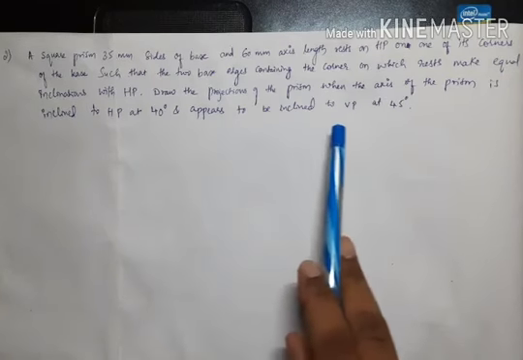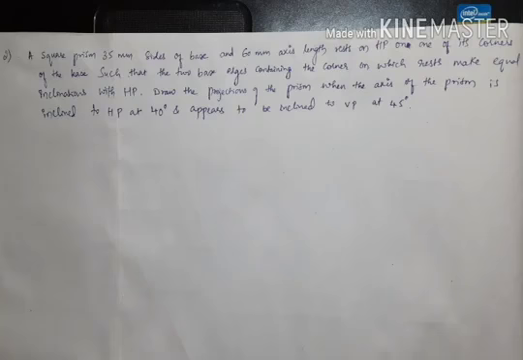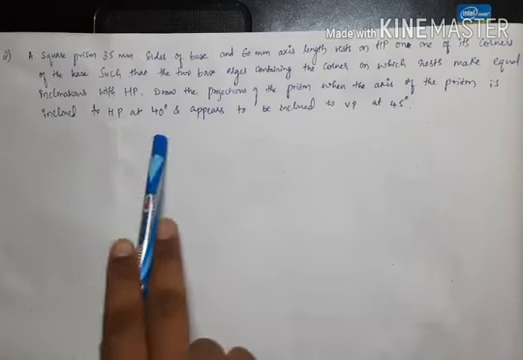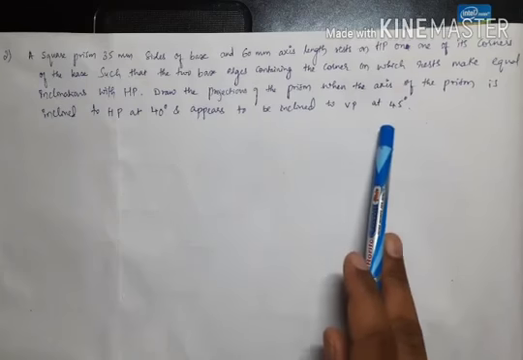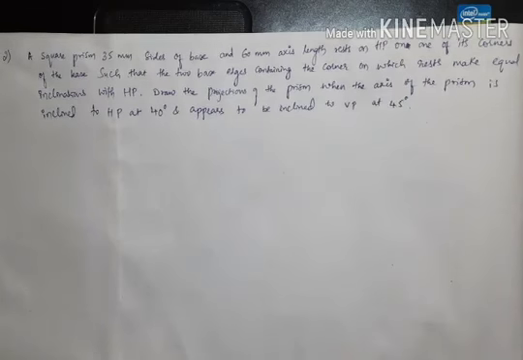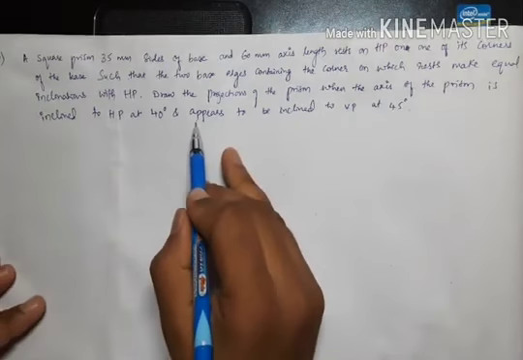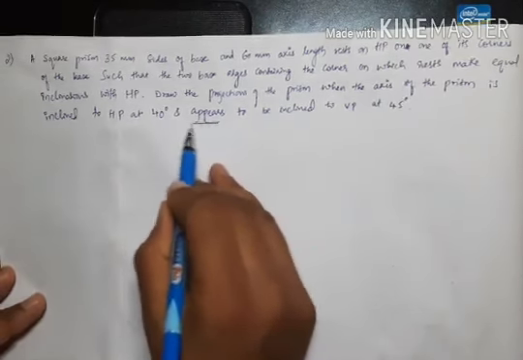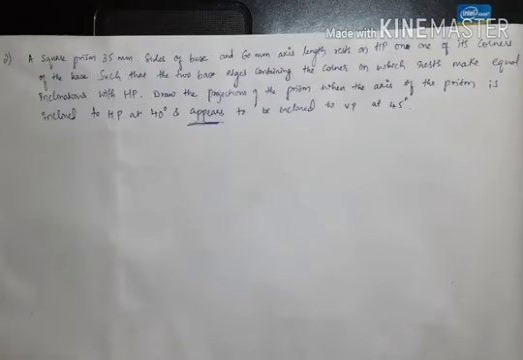To draw the projections of the prism when the axis of the prism is inclined to HP at 40 degrees and appears to be inclined to VP at 45 degrees. In the planes also I have told you, whenever you see this word appears, it is the direct angle, because the word itself says appears to be inclined to VP at 45 degrees, means you have to take it directly.